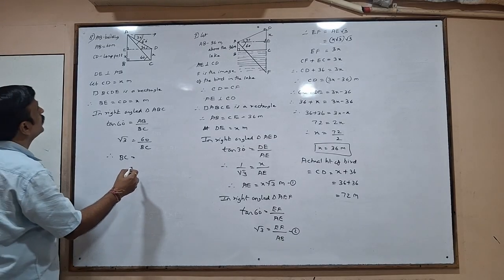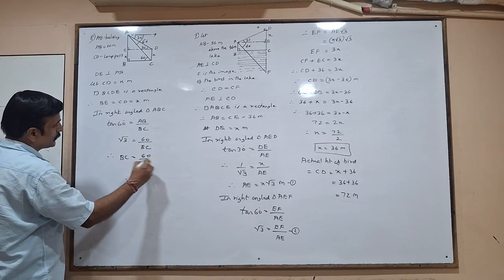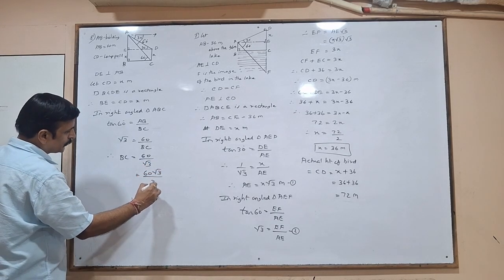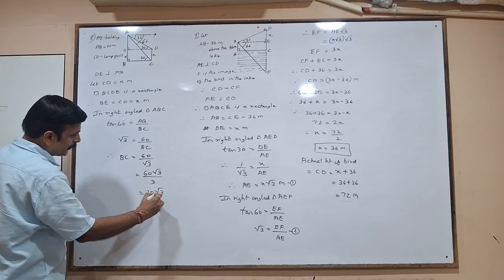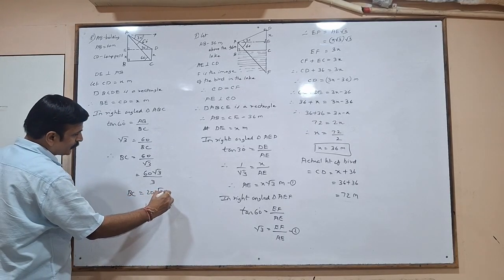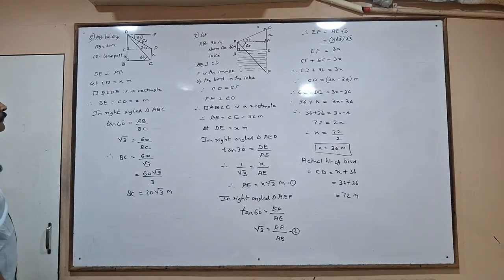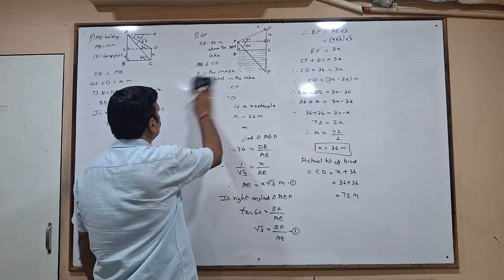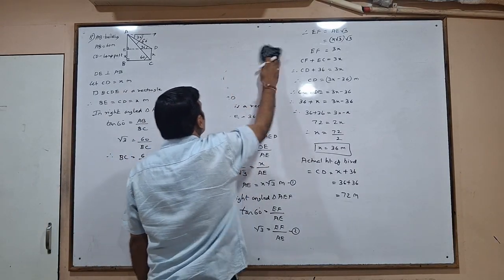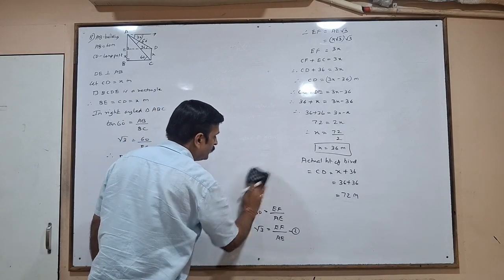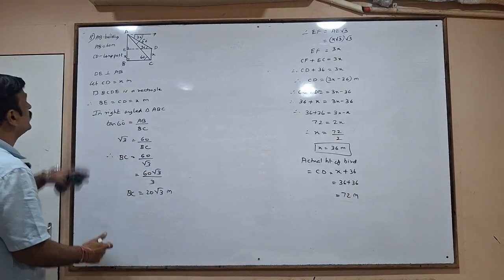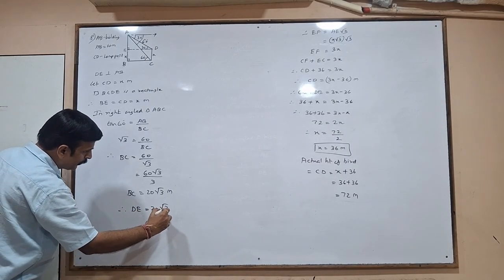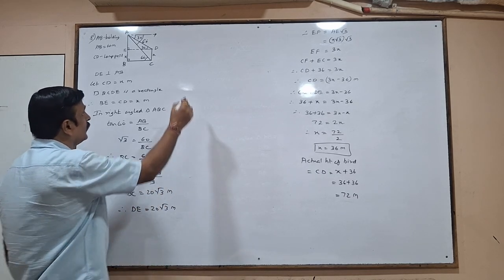So BC will be 60 upon root 3, which is 60 root 3 upon 3, which is 20 root 3, which is BC. As BC is 20 root 3, therefore DE will also be 20 root 3, opposite sides of a rectangle.